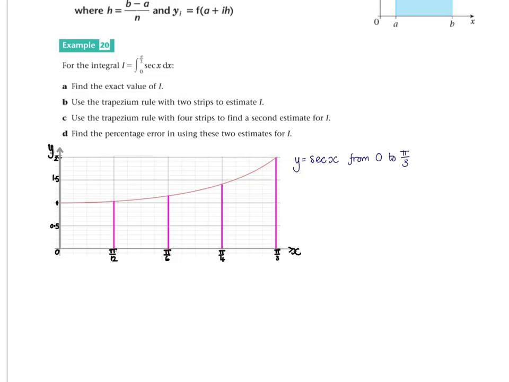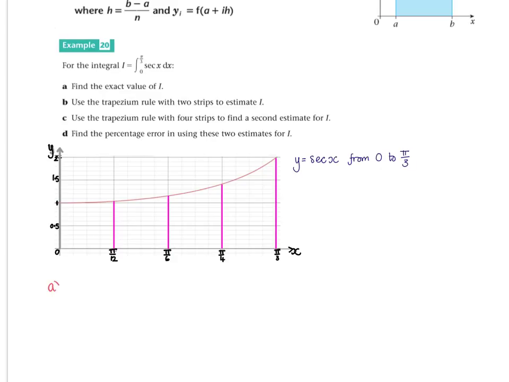So we want the integral for sec x first of all, and if we go back to just before exercise 6G, if you look on that page, you'll see that it's a standard integral and it's ln of the modulus of sec x plus tan x. That's what we're going to use in between the limits of 0 and pi by 3.